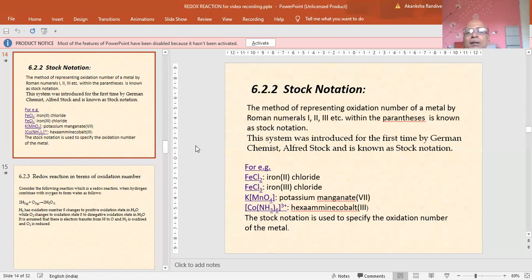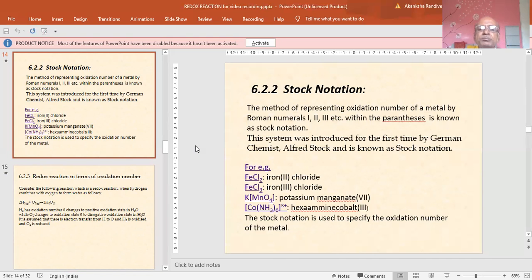For example, let us write the stock notation for this FeCl2. FeCl2 is a ferrous chloride. In this compound FeCl2, Fe, iron, is a metal, and chlorine is a non-metal.